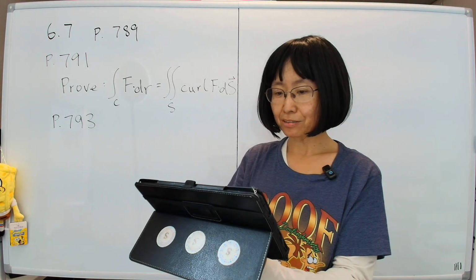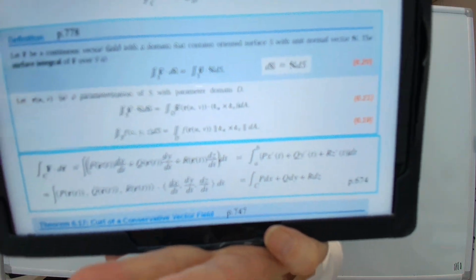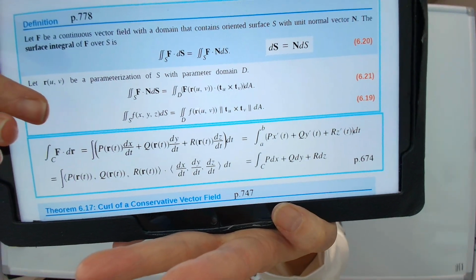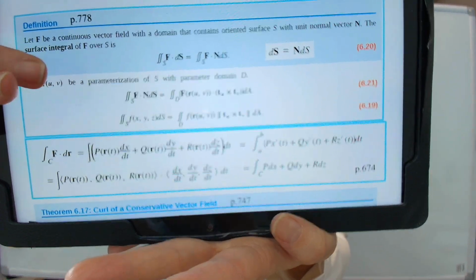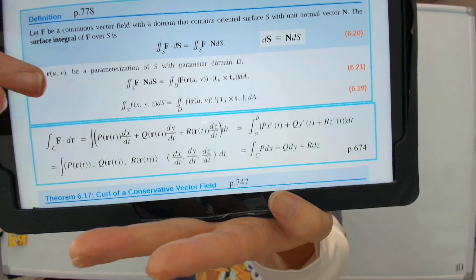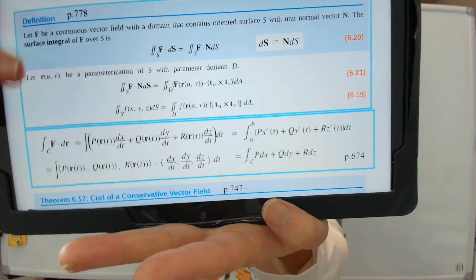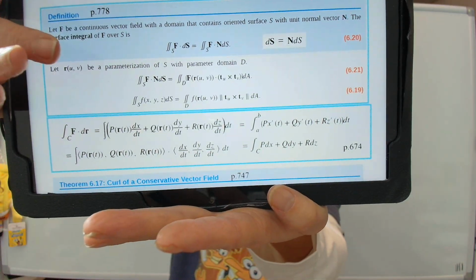Let me show you my screenshots here. As you can see, equation 6.19 is the surface integral that isn't a vector. The one that has the vector, which is what we are interested in, is 6.20 and 6.21, which is what we've been doing in the last section, I believe. So that's what you're going to be using to calculate this.